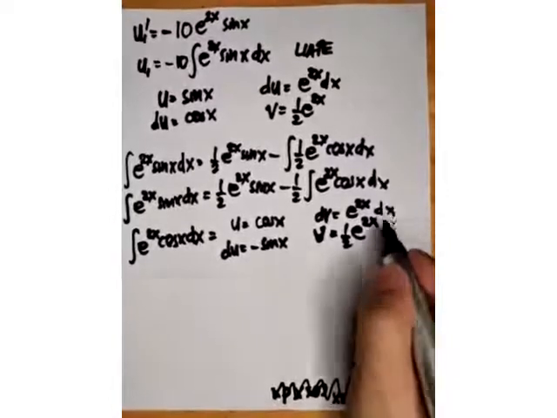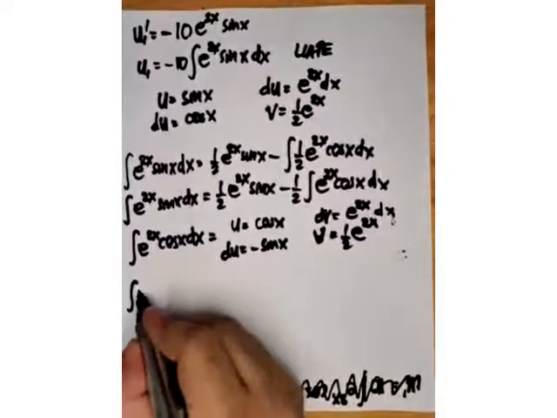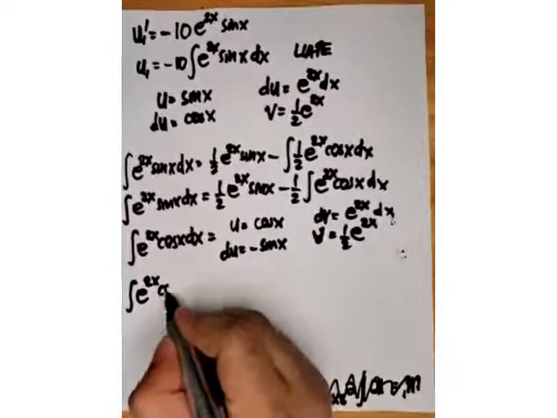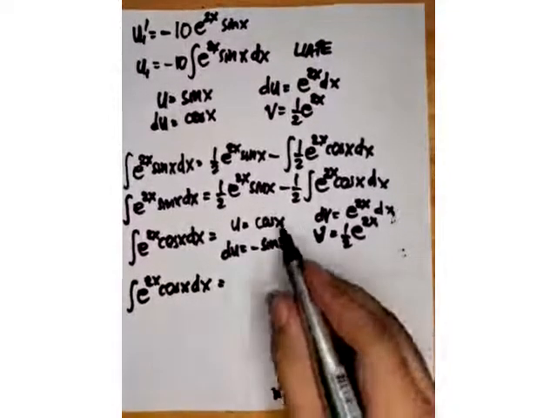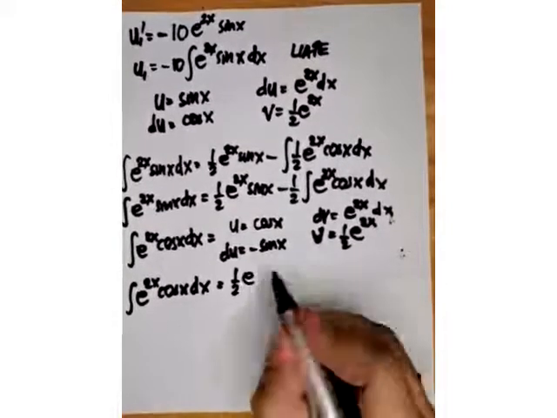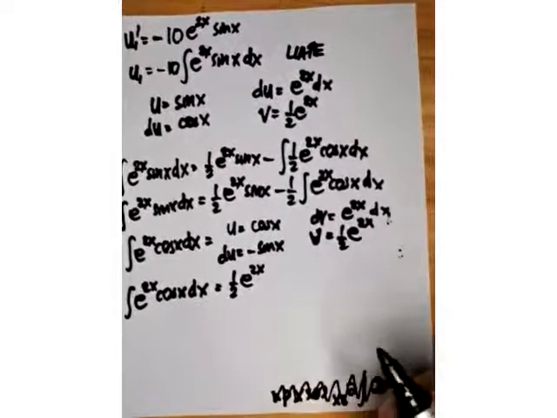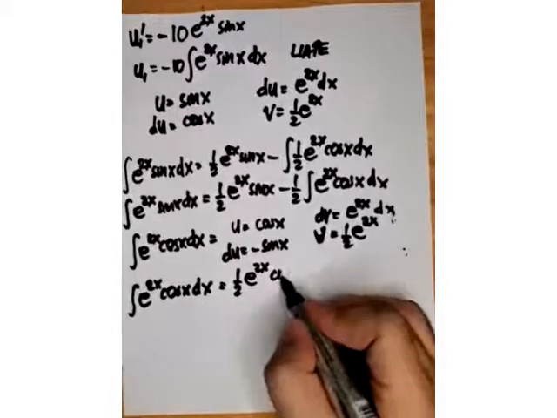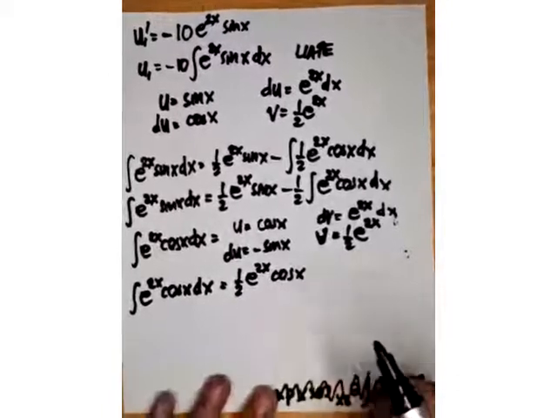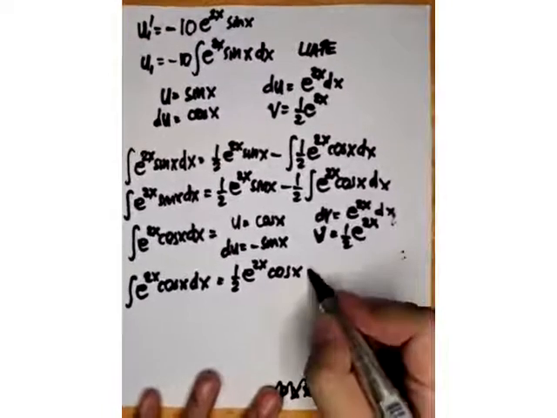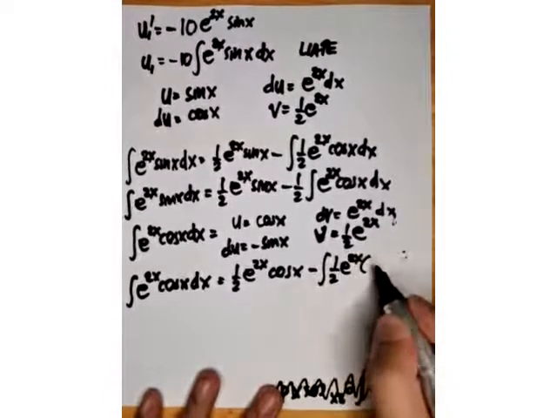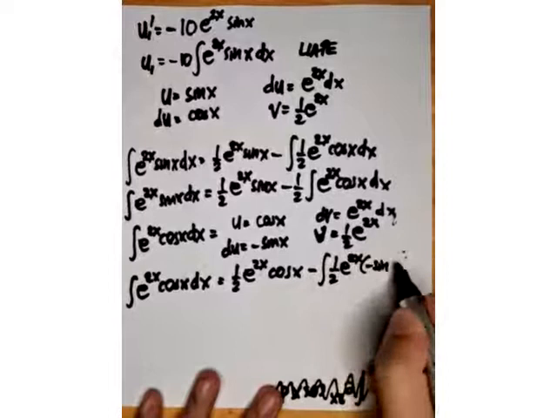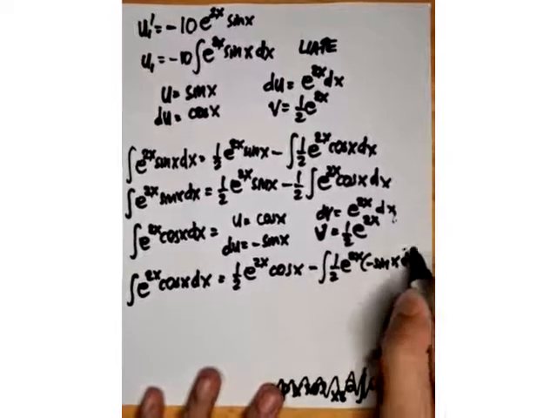So with the dx, the integral of e raised to 2x cosine x dx is equal to uv, that's 1/2 e raised to 2x times cosine x, minus the integral of 1/2 e raised to 2x times negative sine x dx.